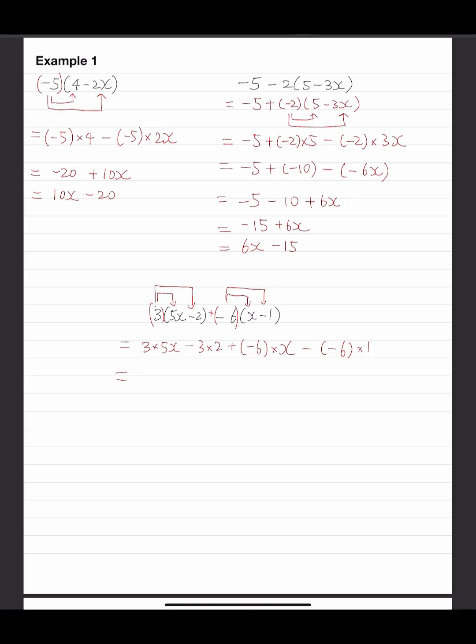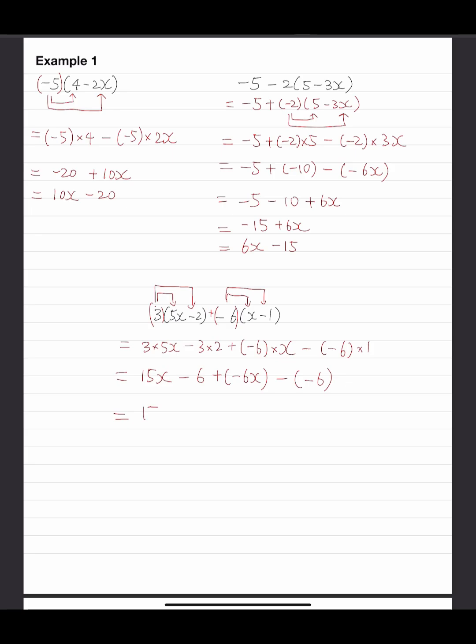So then you have 3 times 5x is 15x, minus 3 times 2, which is minus 6. Now plus negative 6 times x is plus negative 6x. And then you have minus negative 6, because negative 6 times 1 is negative 6.